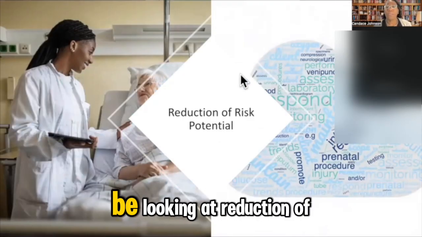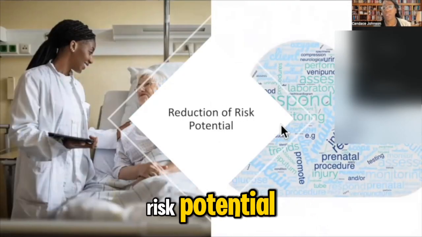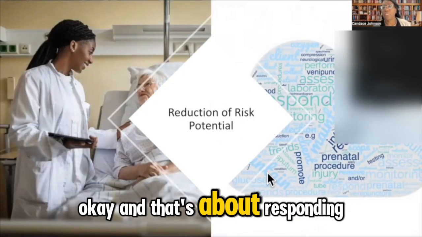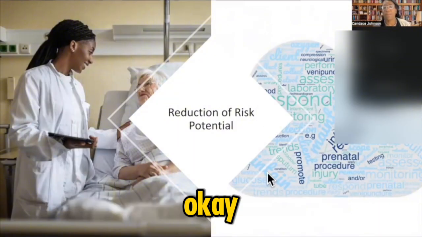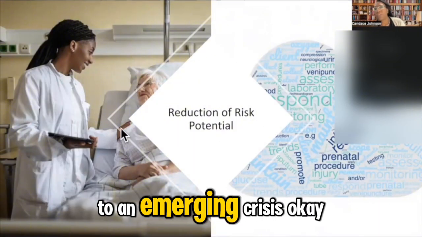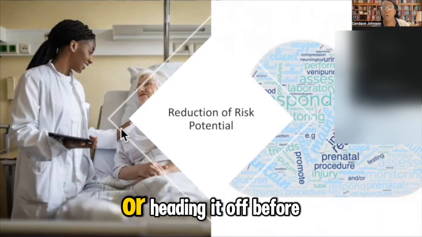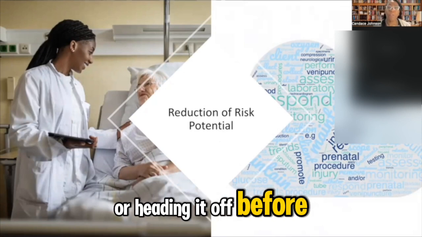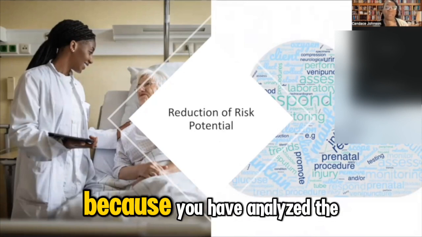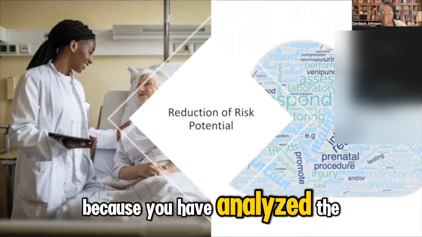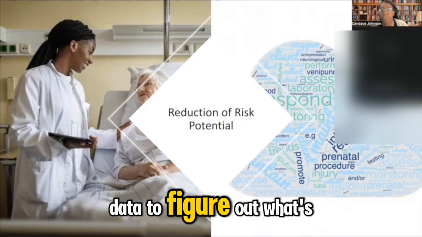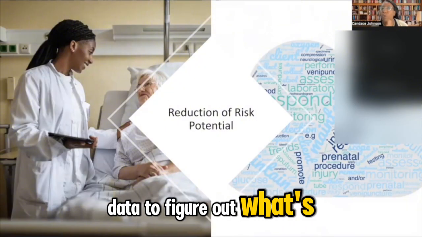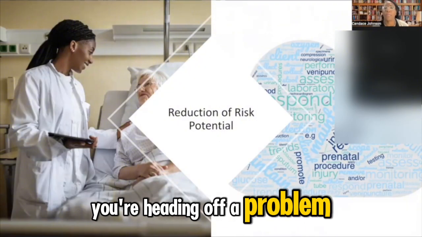All right, we're also going to be looking at reduction of risk potential, and that's about responding to an emerging crisis, or heading it off before it becomes a crisis because you have analyzed the data to figure out what's going on. You're heading off a problem.